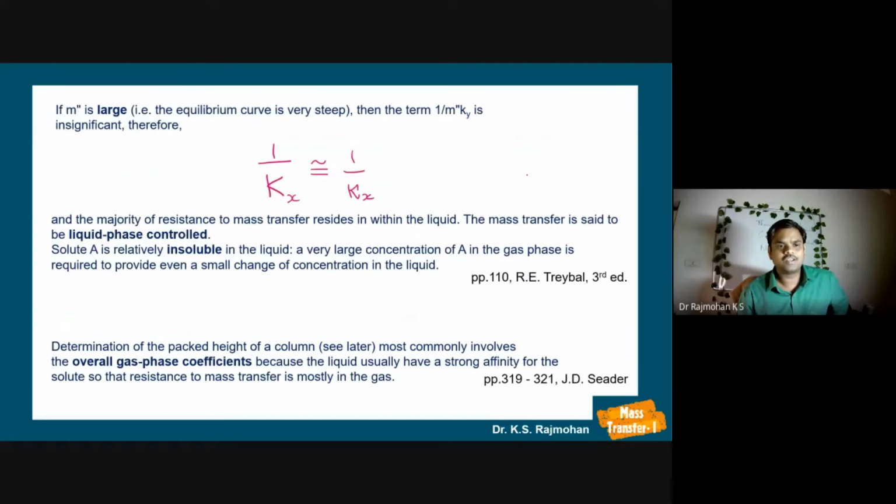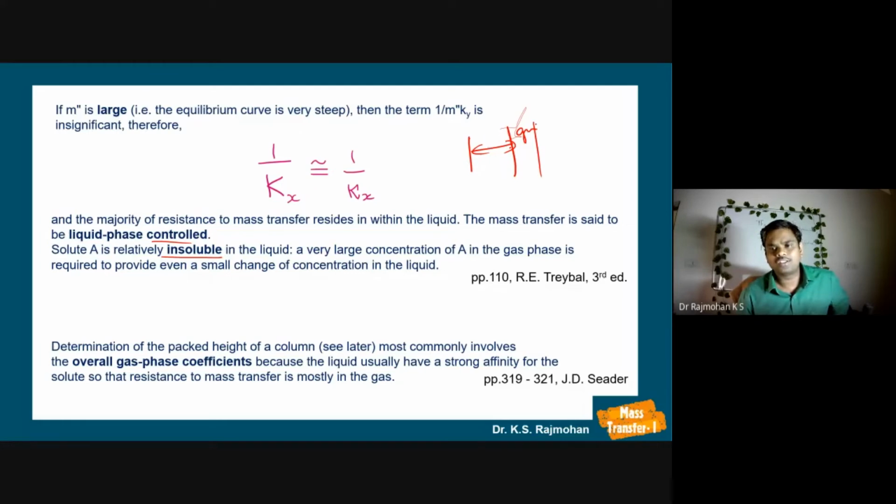The other case is liquid phase controlled mass transfer. When the resistance in the liquid film is very high, the resistance in the gas film is less. When will that happen? When A is relatively insoluble in the liquid, it is sparingly soluble in the liquid. In that case, the resistance in the liquid film is going to be more.